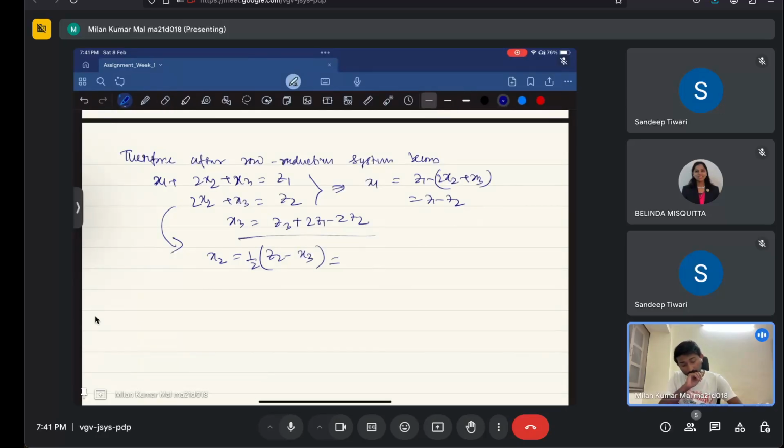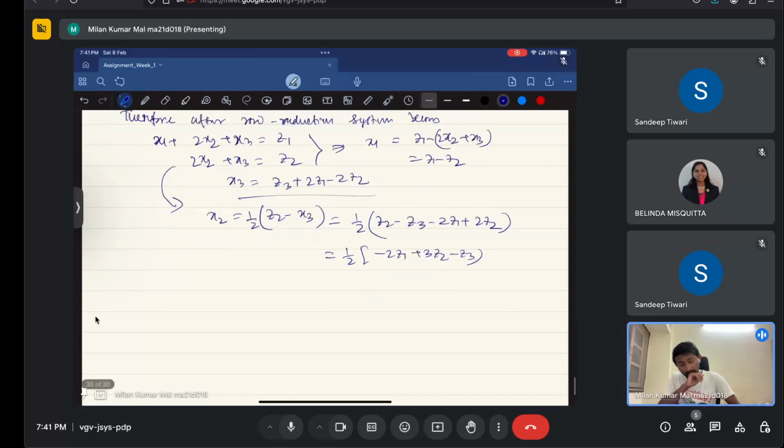So x2 is 1 by 2 (z2 minus x3), that is 1 by 2 (z2 minus z3 minus 2z1 plus 2z2). Therefore it will be 1 by 2 (minus 2z1 plus 3z2 minus z3).